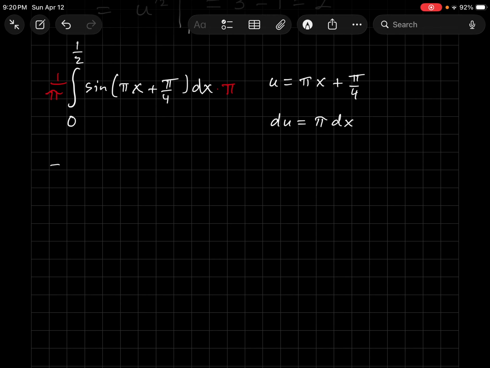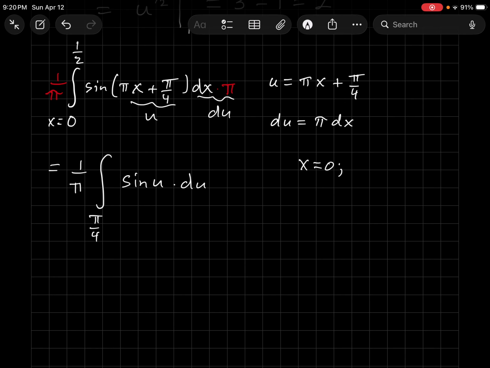And then we can rewrite this as 1 over pi times the integral of sine of u du. And I'm going to turn my x limits into u limits. When x equals 0, we get u equals pi times 0 plus pi over 4, so pi over 4.